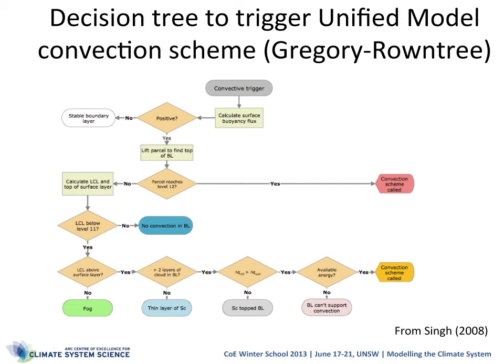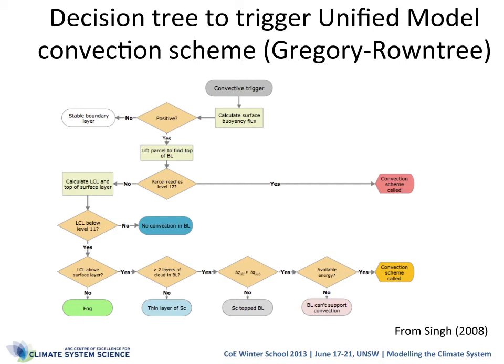Yeah, so getting back to this, to decide when convection is occurring, they go through all these decisions, conditional statements, to see whether the convection scheme should be called. The Unified Model actually treats both shallow and deep convection.